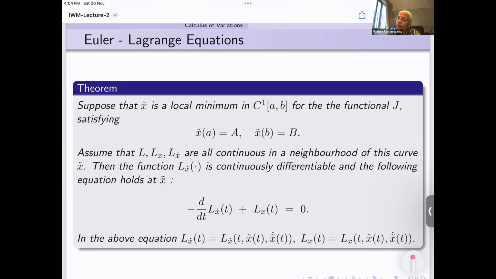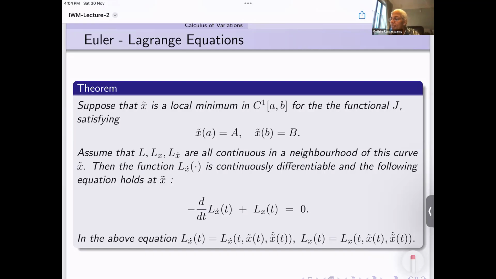At little a, x tilde of little a is capital A, and x tilde of little b is capital B. Assume that L, L_x, L_x dot are all continuous in the neighborhood of this curve x tilde. Then the function L_x dot is continuously differentiable as a function of t. The dot represents t, and the following equation holds at x tilde.